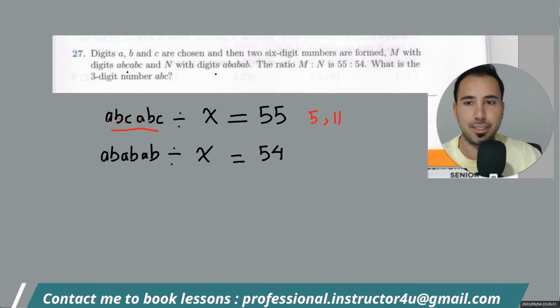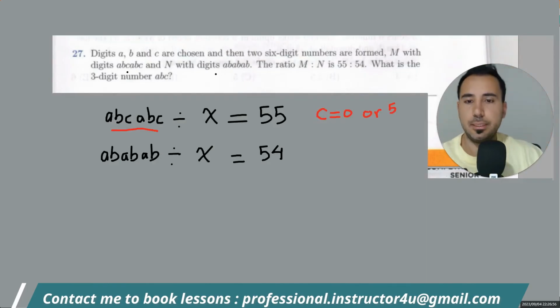Just try a calculator with different numbers. You see this number is always divisible by 11. But it's also divisible by 5, meaning that C is either 0 or 5. That's the first thing that we know.